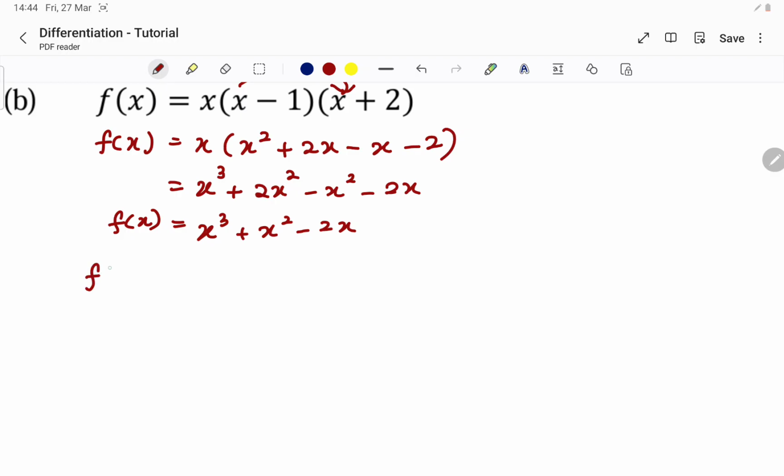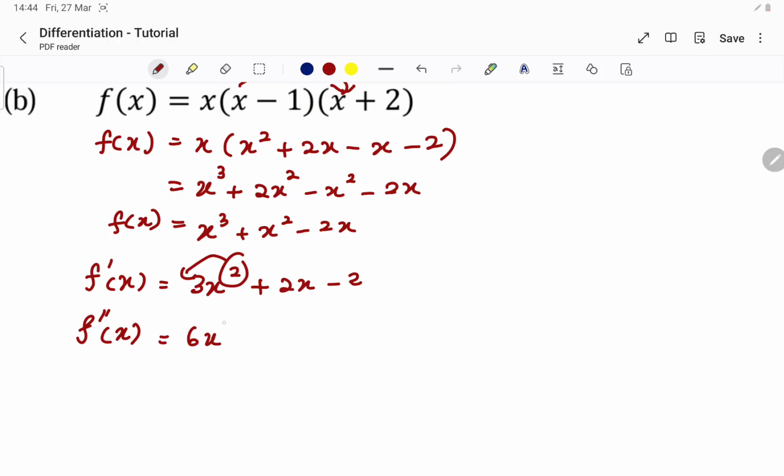Find dy/dx first, differentiate one time. So we will get 3x squared plus 2x minus 2. Then you differentiate the second time, you just put the prime twice. Here you bring 2 in front, 2 multiplied by 3, x to the power of 2 minus 1 plus 2. The 2x we differentiate becomes 2, minus 2 differentiates to 0.